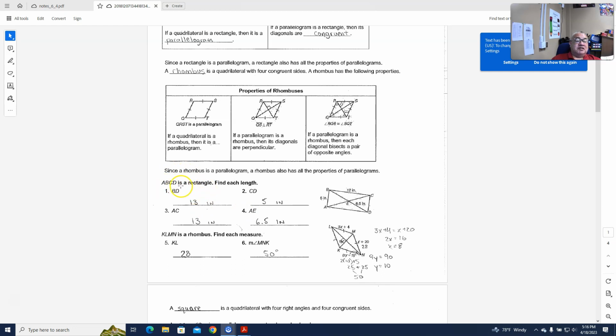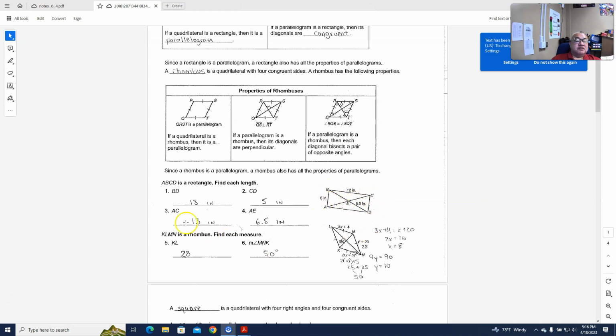Rectangle ABCD is given. We have to find BD. Since this is 6.5, and we know the diagonals bisect each other since it's a parallelogram, this is 6.5. So the distance from B to D is 13. CD is opposite BA, so that's 5 inches.